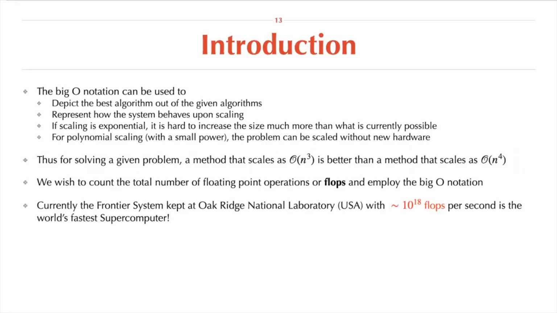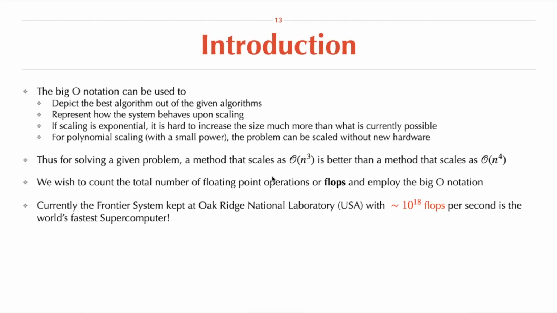The big O notation gives you the order of magnitude of calculations that will be done when you perform a given algorithm, or it may give you the complexity of the algorithm. So you may want to solve a problem, and there are two ways of doing it.